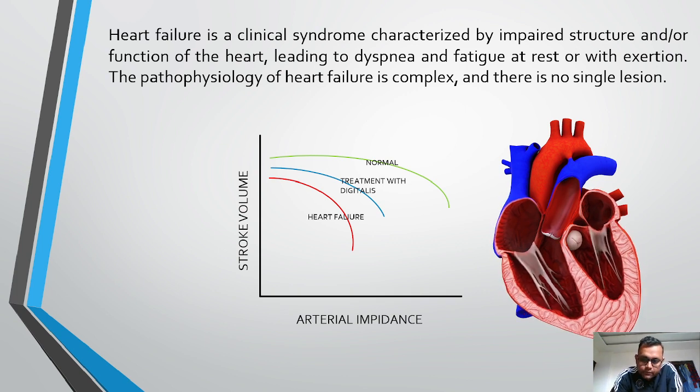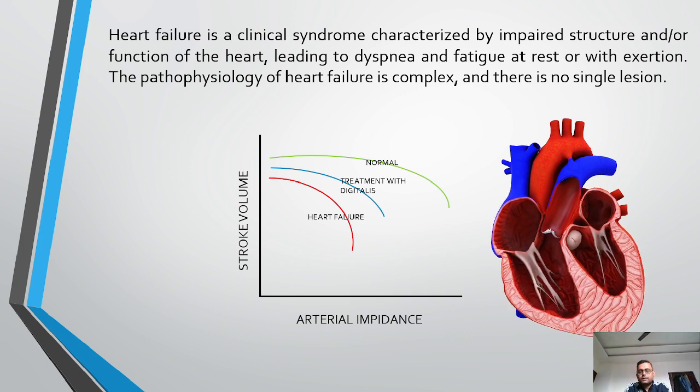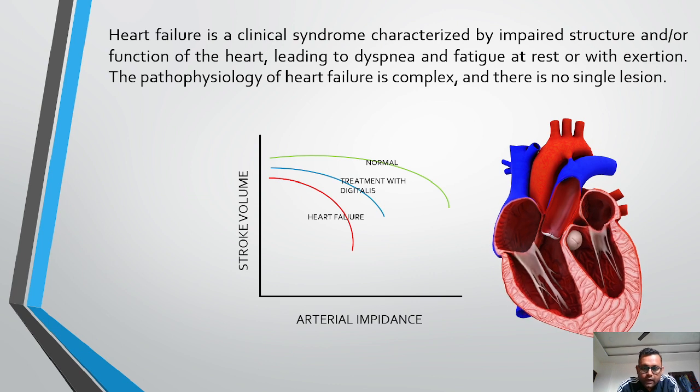So here, I have shown a diagram. As you can see, we can plot a graph of stroke volume and arterial impedance, where you can see the three conditions of a heart.